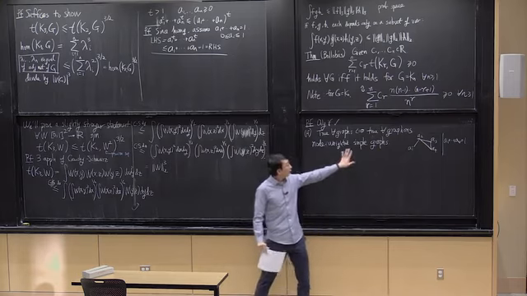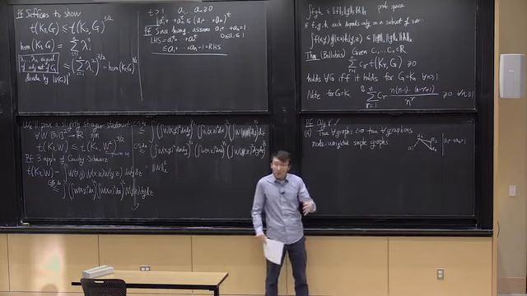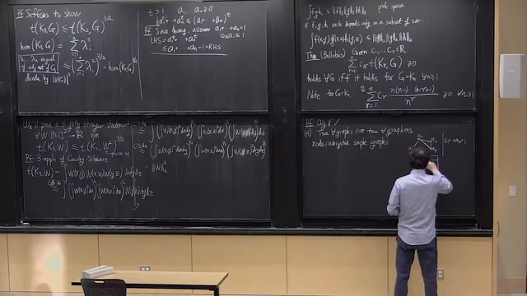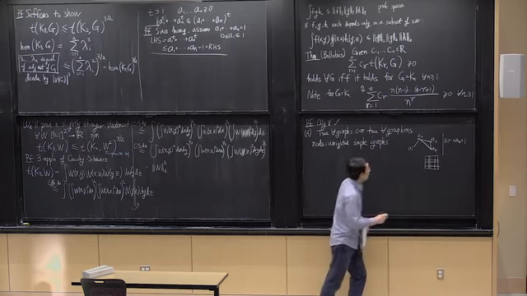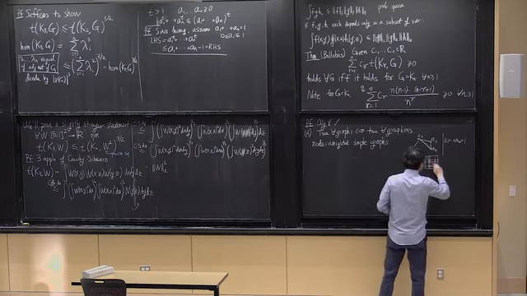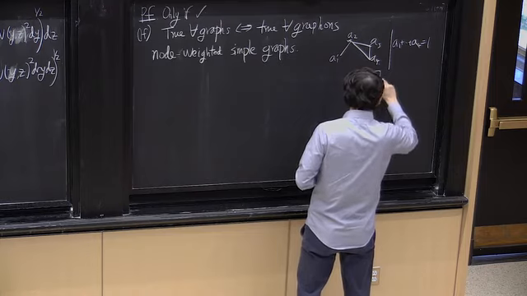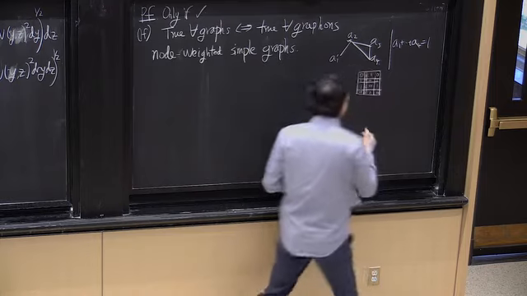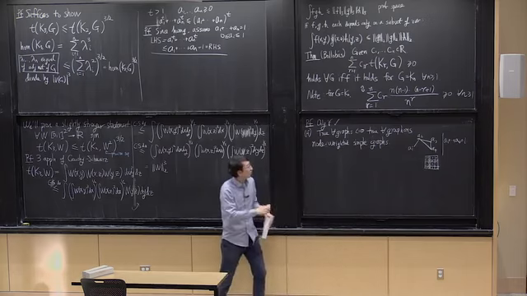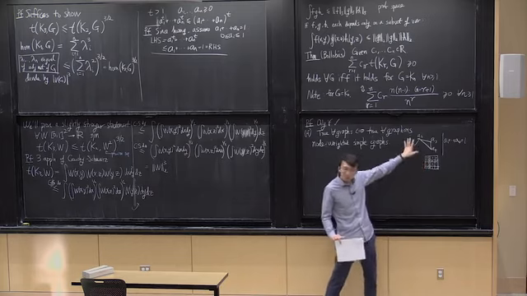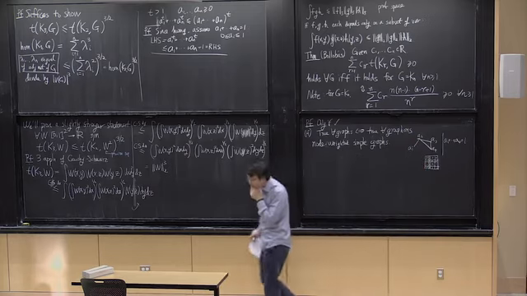Now, each graph like that you can represent by a graphon. They're not meant to be the same picture, but you have some graphon like this, which corresponds to a node-weighted graph.